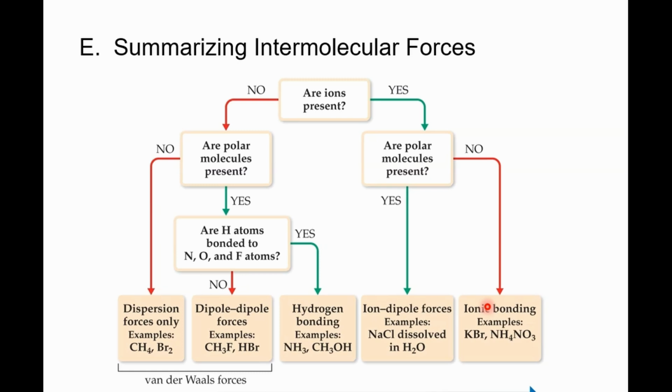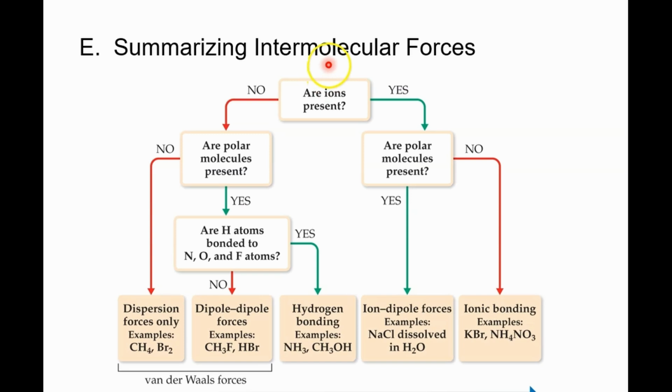So let's just say we have CH4. CH4, no ions present. Are polar molecules present? Well, CH4 isn't a polar molecule. No. So we have dispersion forces only. And then all of our diatomic elements, N2, Br2, would come down this way.